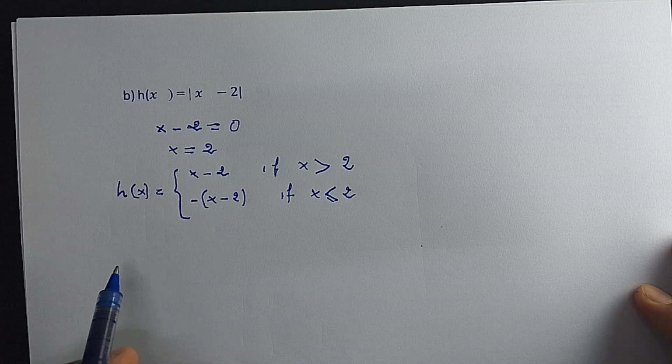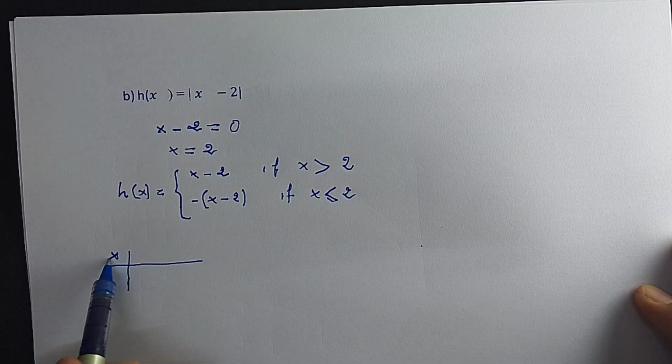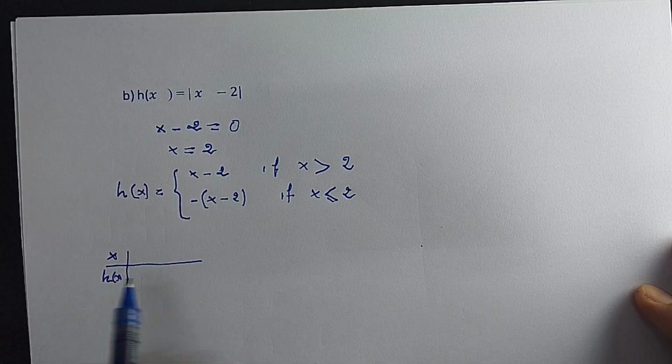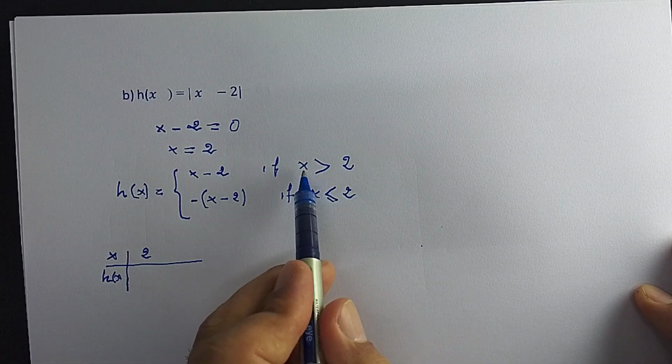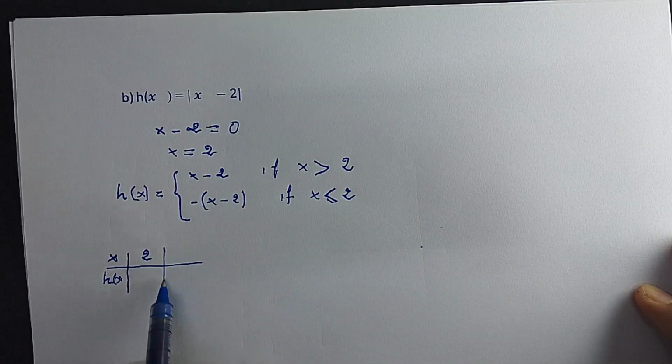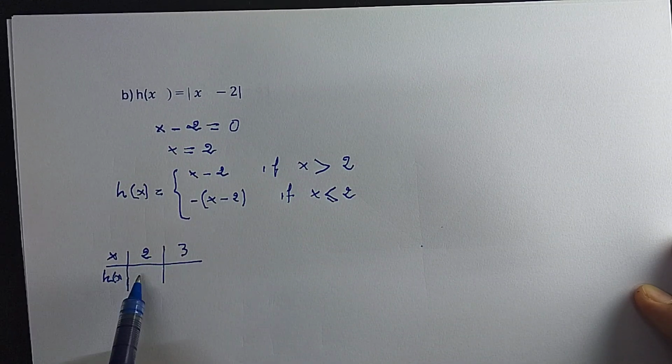So I find the first one, x more than 2. I take 2, and another number more than 2, for example 3. The image of 2 equals 0 here.